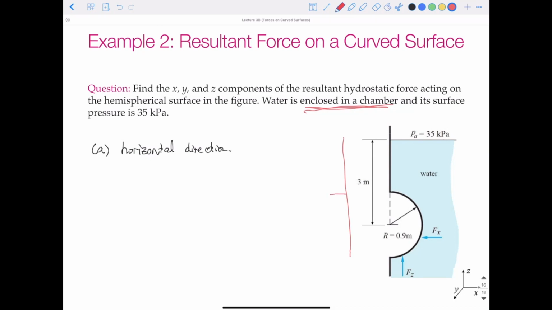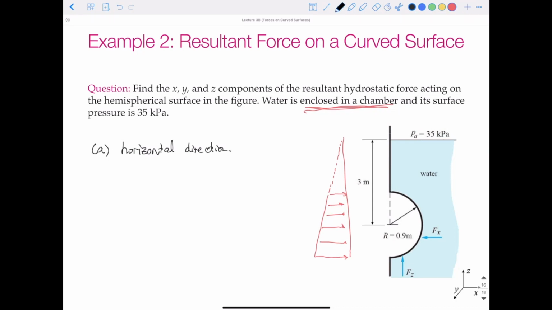We care about this pressure profile, just where that actual shape is. It's a hemisphere with a radius of 0.9 meters.